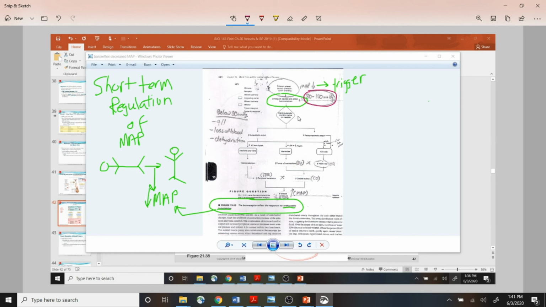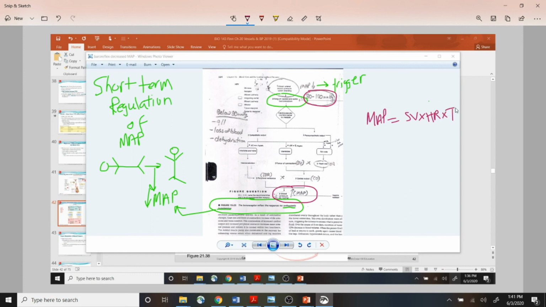And then the cardiovascular center would say to itself, okay, I need to get blood pressure back up to normal. How might I do that? And so now you're thinking about this equation. How do you get blood pressure back up to normal?